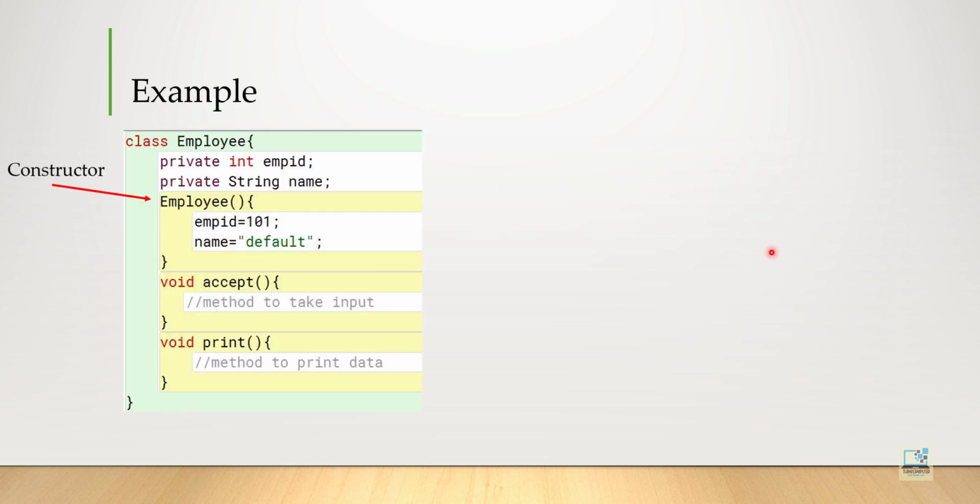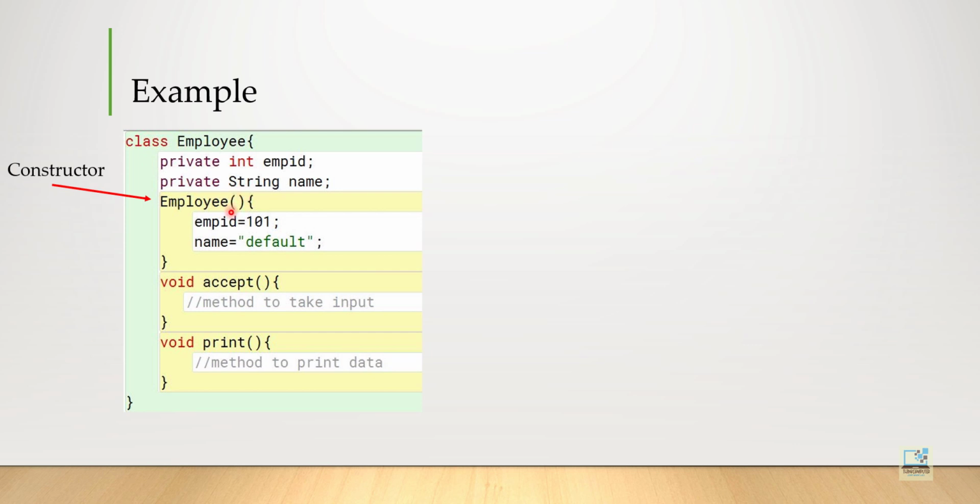Now I have this example here. It's a class Employee, and in this class I have two data members, employee ID and name, and this one is the constructor. As you can see, the name of the class is Employee and the name of the constructor is also Employee. So the name is the same. There is no return type. You can see nothing is written before the name of the constructor, and since there is no parameter, this is a default constructor.